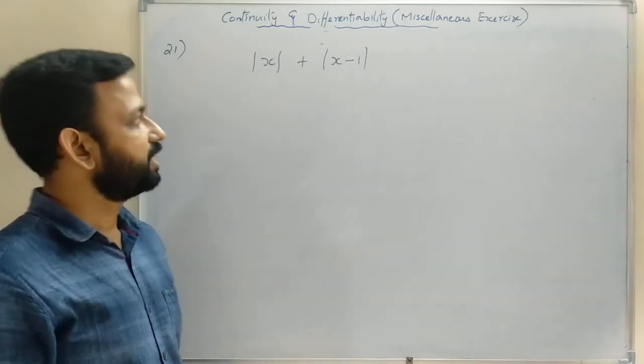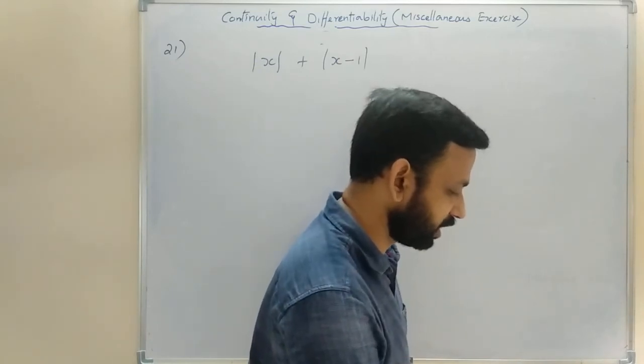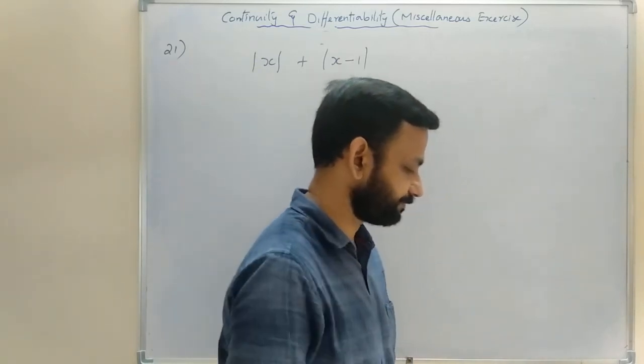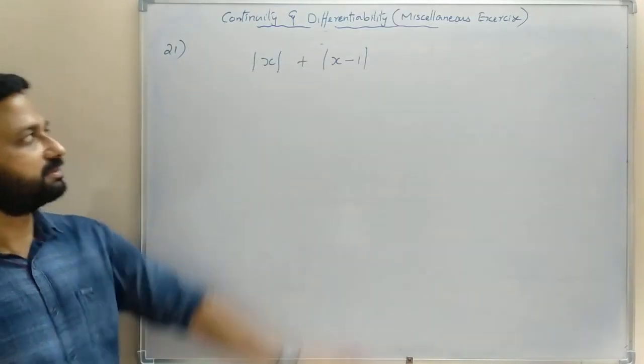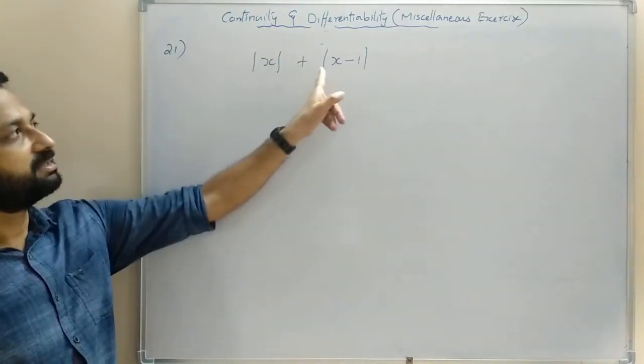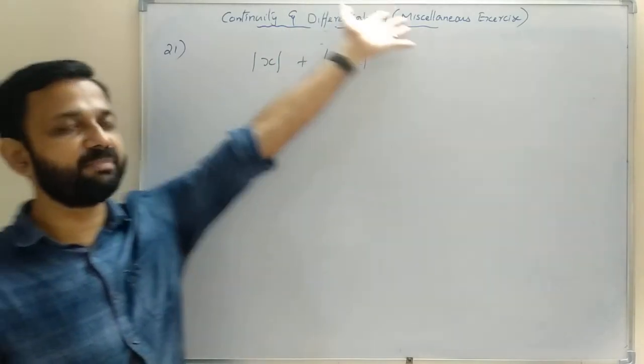Here we learned that modulus functions are continuous everywhere. So this function is continuous, and this is also continuous. If two functions are continuous, then their sum is continuous.